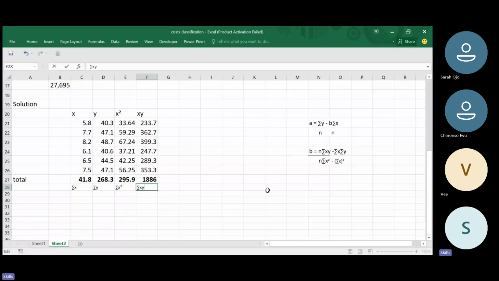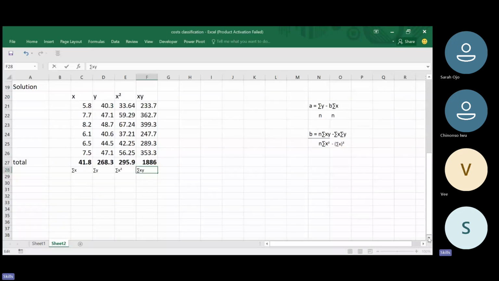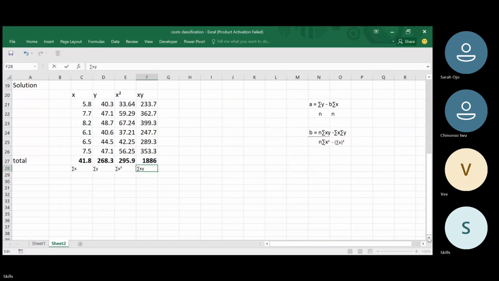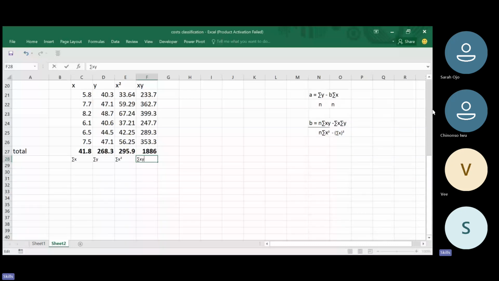So look at it now. Using this formula that we have, we start by finding b. So to get the b, this is the formula. It says b is equal to n.